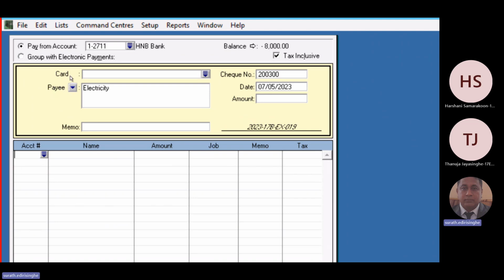Now, student, what is this? Is HNB the debit account or credit account? Payment or receipts? Payment account. Then credited to your HNB account. Payment account, credited to this account. Then where do you debit? Sorry, prepaid account.